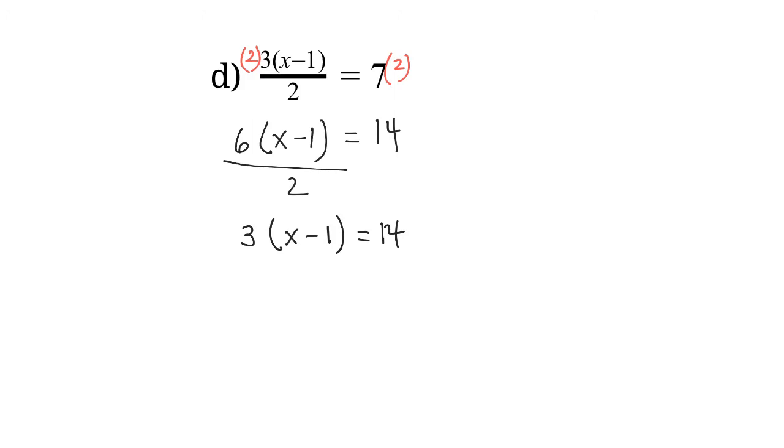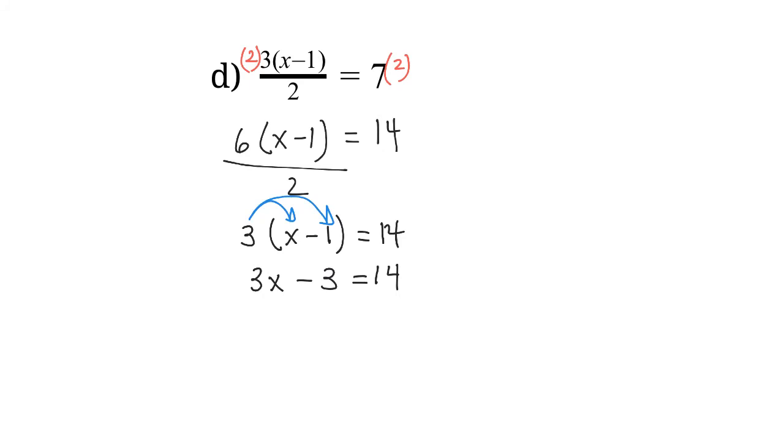Now this looks like an equation that you should be comfortable solving. And now is when you can go ahead and use that distributive property to simplify the equation further. So 3 times x is 3x. 3 times negative 1 is negative 3.